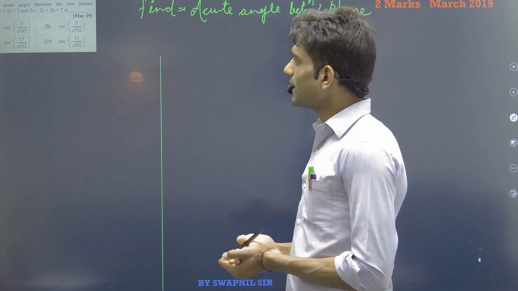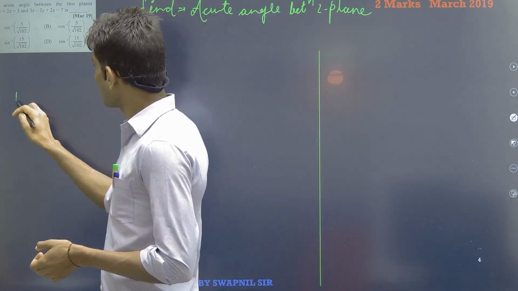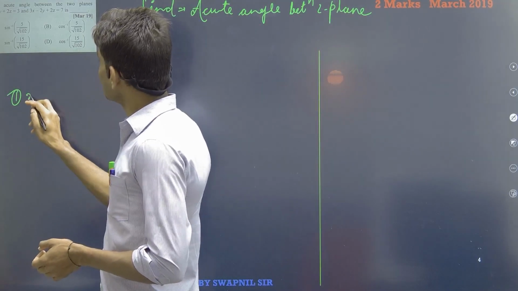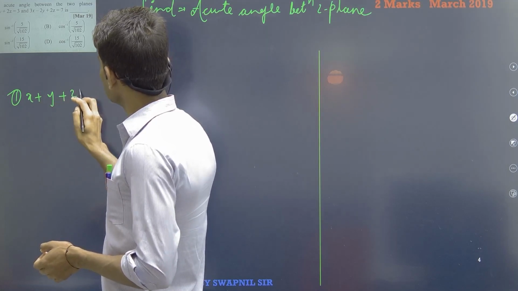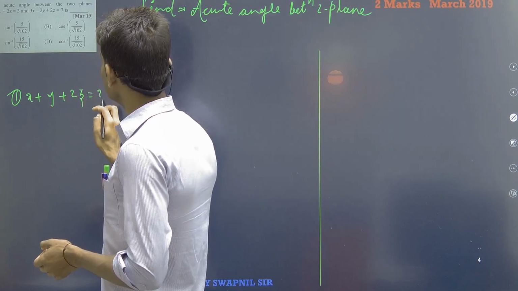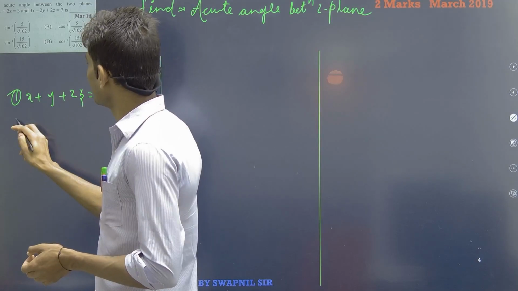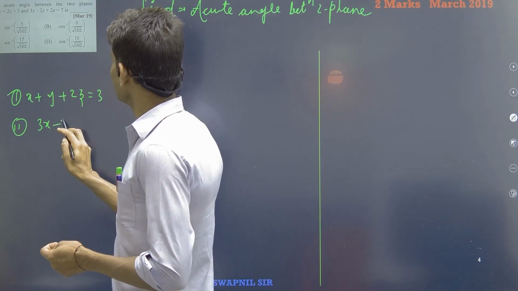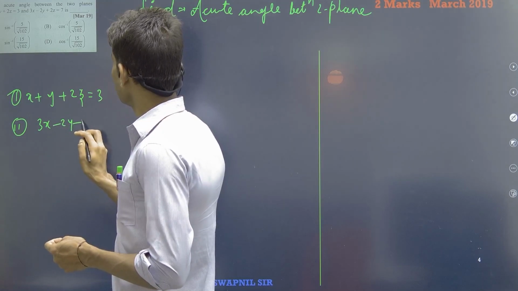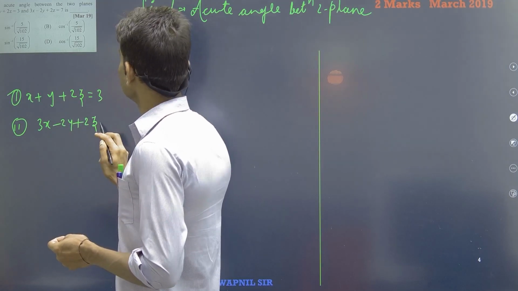The two planes are given. The first plane is x plus y plus 2z, which is equal to 3. The second plane is 3x minus 2y plus 2z, which is equal to 7.